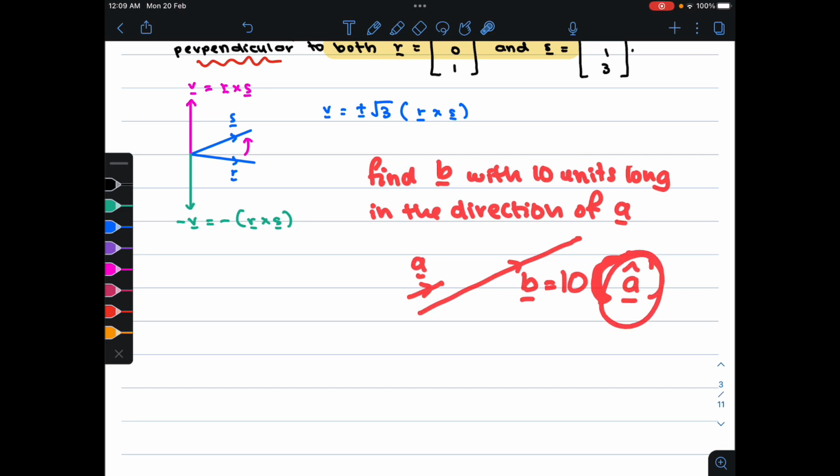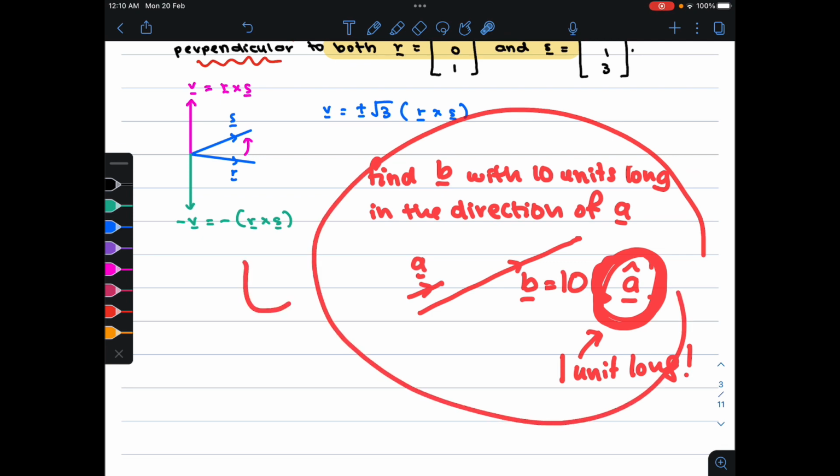That's why we need to find the unit vector A first, since this is 1 unit long. Okay, so we're going to apply the same concept right here.